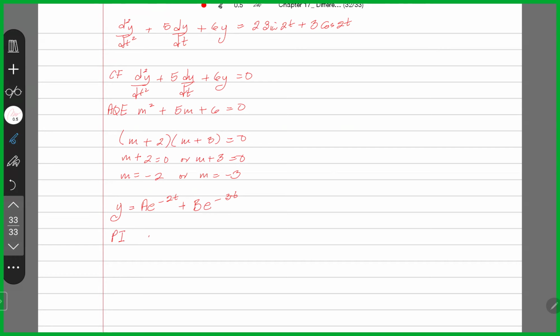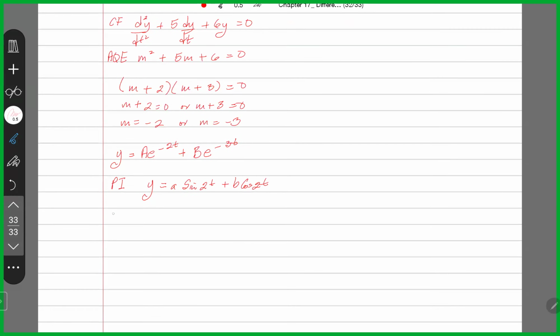Next, we need the particular integral. For the particular integral, it is of the same form as f(x), so it's equal to a sine 2t plus b cos 2t, and our objective is to find a and b. Let's differentiate. We have dy by dt. Differentiate sine, you get cos, so you get 2a cos 2t.